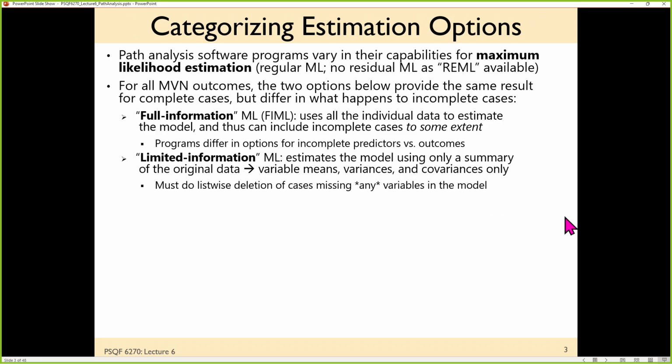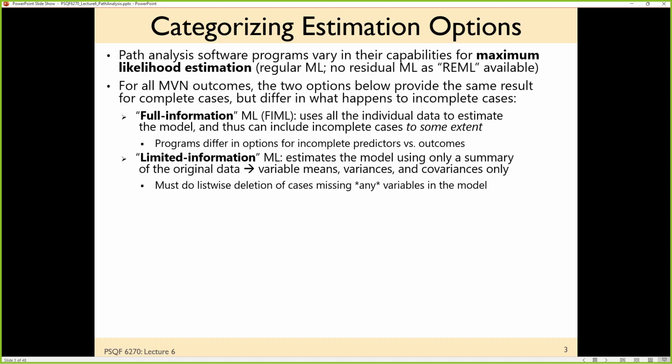All right. So, another thing that differs across packages is what you can do with respect to estimation and how that interfaces with missing data. And this is where you will see older material make claims that are no longer true, and it is a function of what was available at the time in software.